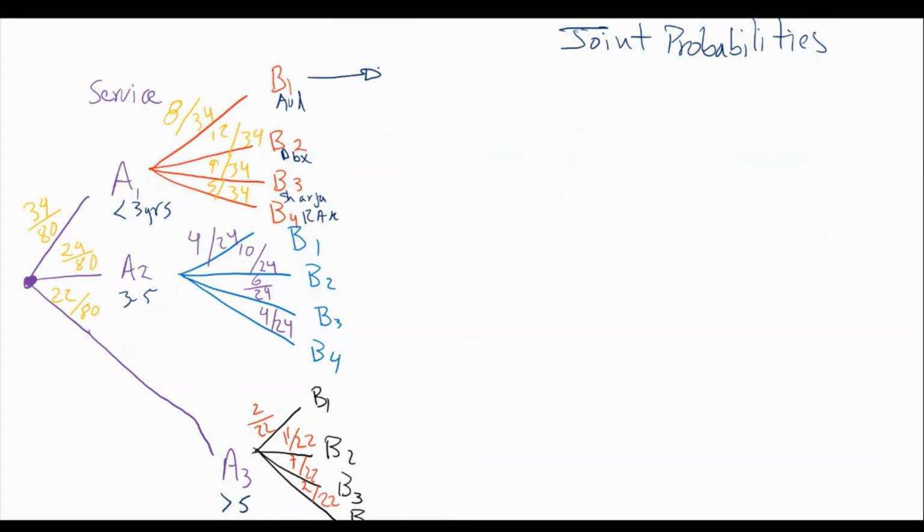Okay, so the probability that a branch is located in, less than 3 years of service, and that is located in Abu Dhabi, okay, is equal to, let me make this little arrow a little bit bigger, is equal to, you have 34 divided by 80 for less than 3 years of service, and then you had 8 branches out of 34 that are in Abu Dhabi from that.